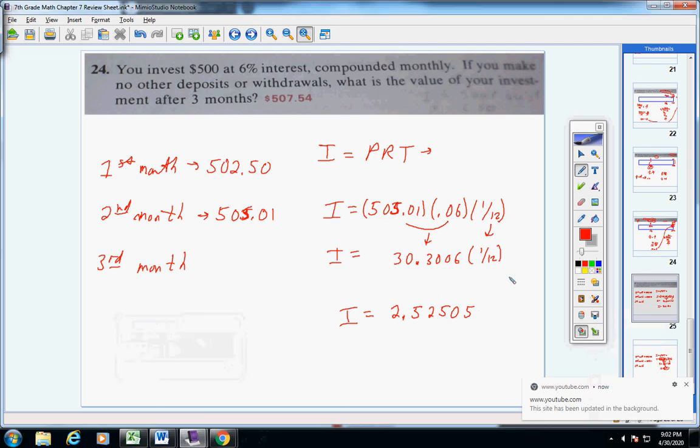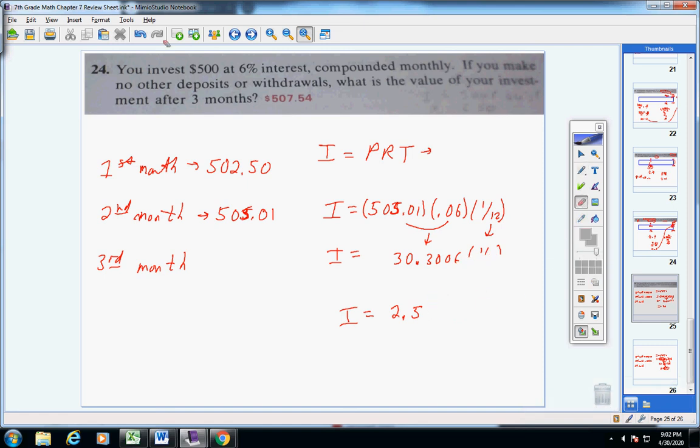So guys, we're going to round this. This 5 here tells you to make that a 3, right? So it would be $2.53. Okay? So we take this plus this, and we would get 507.54, which is the exact answer we should get.